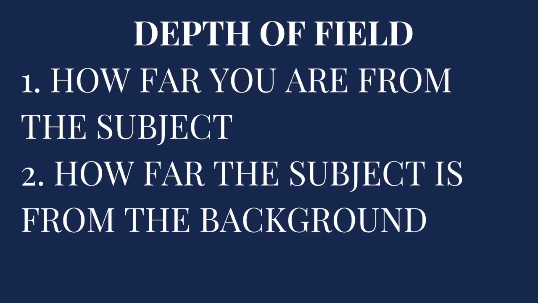All right, the second part besides aperture that you can consider to get even more of a blur in your photos, if you're not getting it and maybe you're at an f-stop of 1.8 or whatever it might be, here's some reasons maybe why. It's called the depth of field. So the depth of field is how far you are from your subject, but then also how far the subject is from the background.